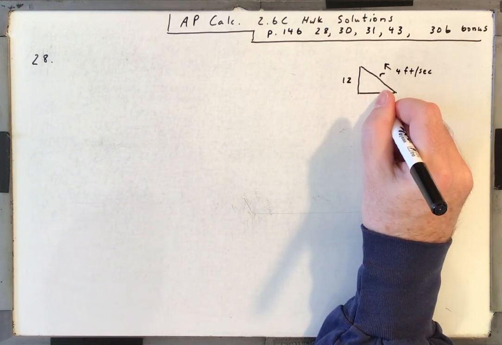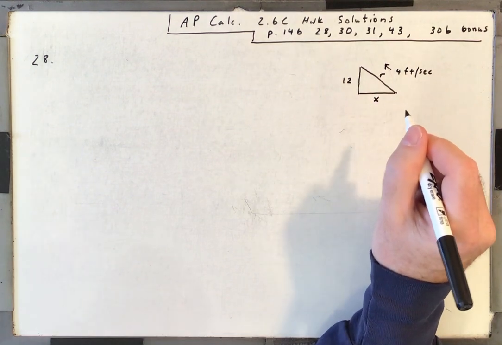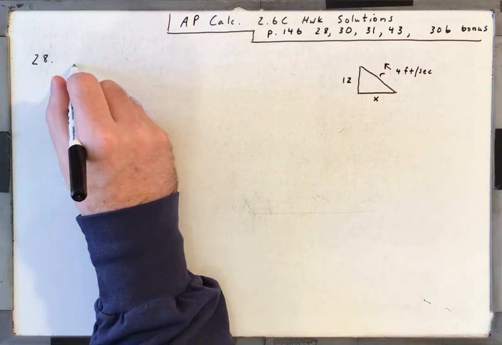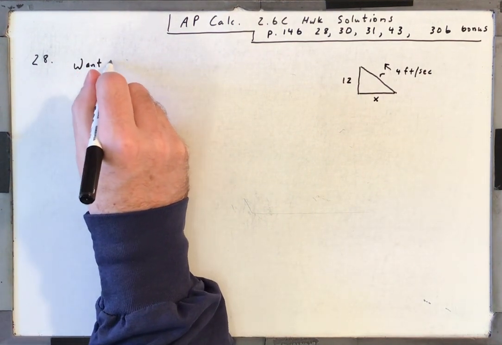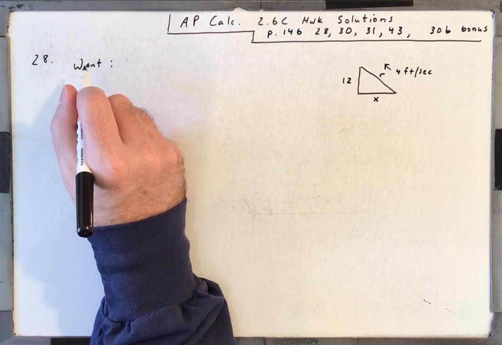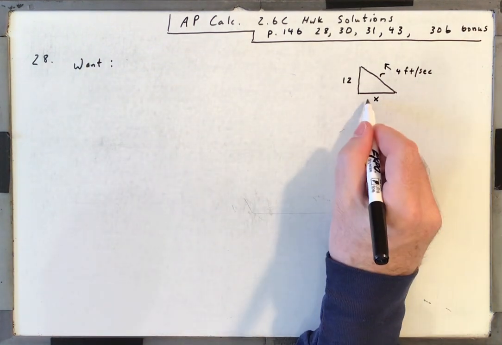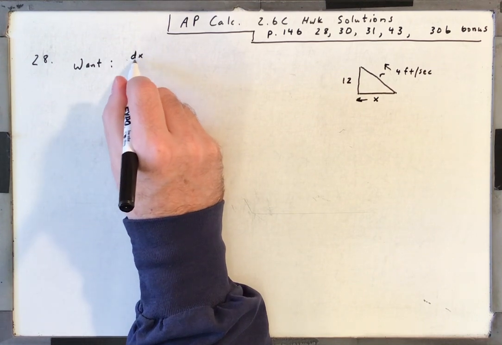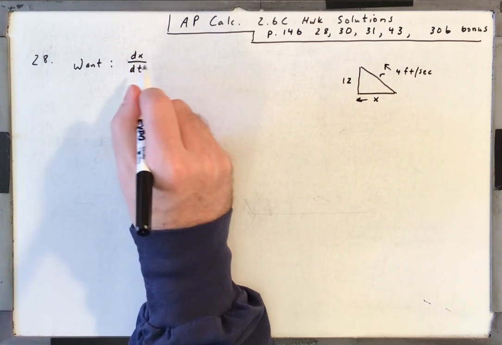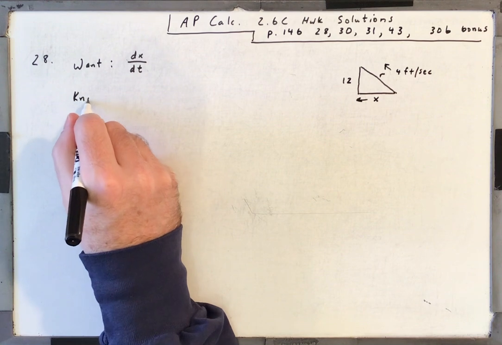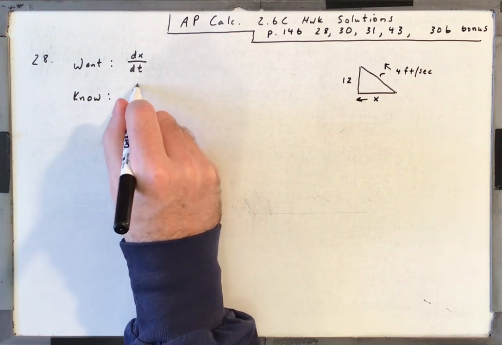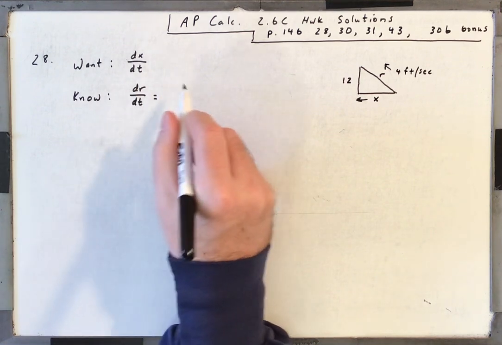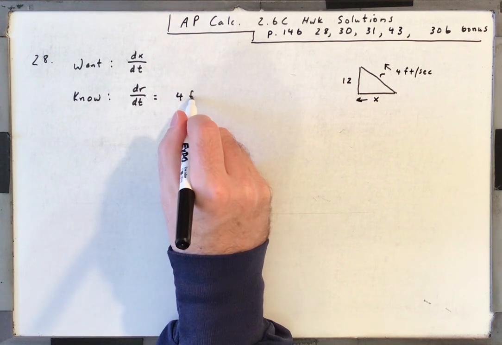And I'm going to call the base of the triangle X. All right, so what we want is to determine the speed of the boat. So the boat is traveling this way, right? So I want dx dt. What I know is that dr dt is equal to 4 feet per second.